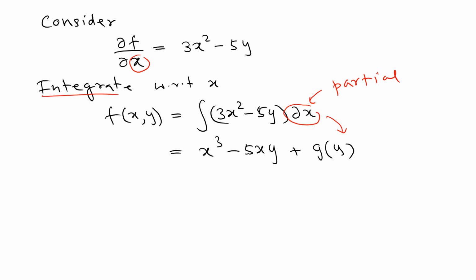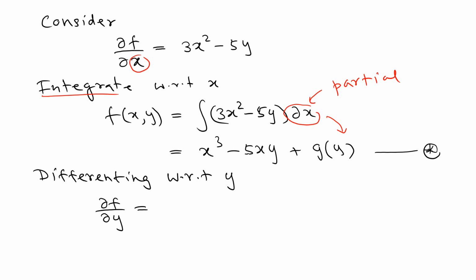Okay, and then we can call this equation star for future reference. Then we differentiate this one with respect to the other variable. Since we took x, we differentiate with respect to y. So the first term is 0, the second term gives negative 5x, and then you have g prime of y.